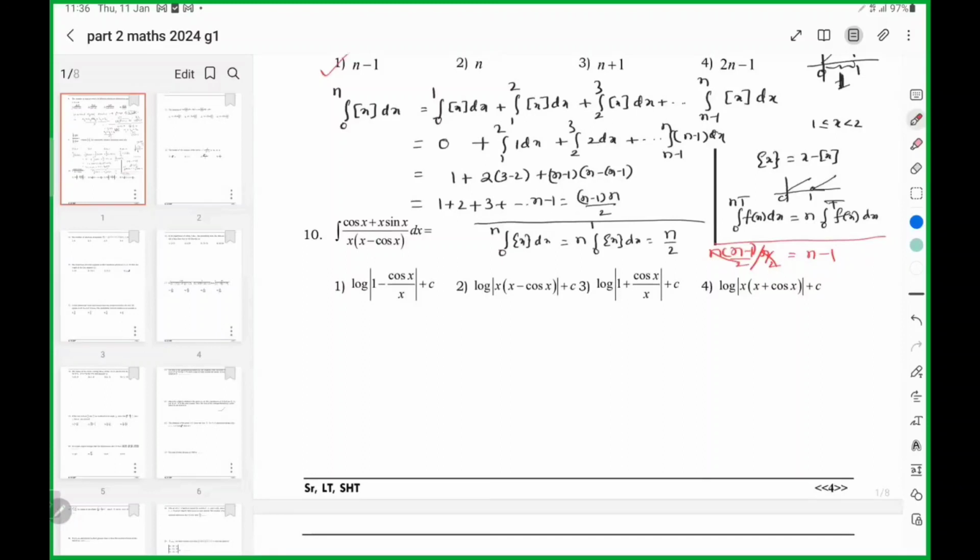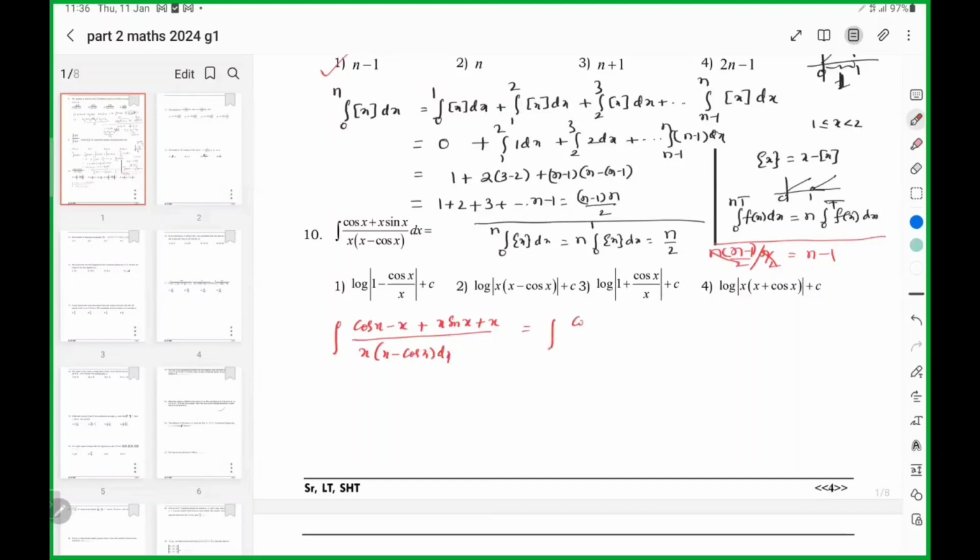Here it is integral of cos x... I am just adding and subtracting x. So here x sin x plus x, by x into x minus cos x dx.